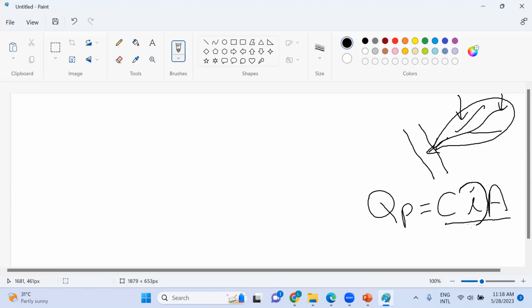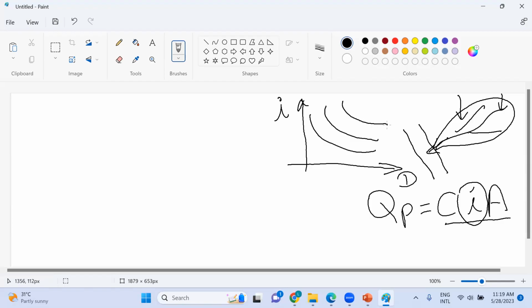How do you find out this I? I is the rainfall intensity. You use the curves called the IDF curves, intensity, duration, frequency curves. Let's say this is 10-year, 25-year, 50-year return periods, right?